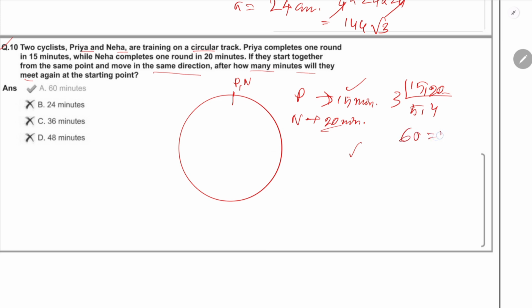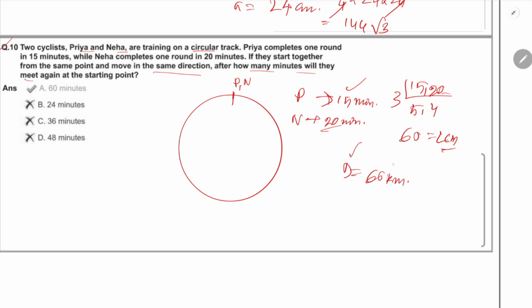The LCM is equal to 60. So let's say the total distance of one round is 60 km.